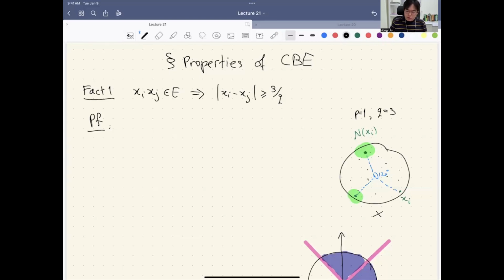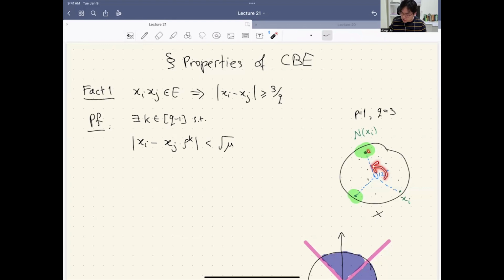Suppose xi, xj actually form an edge. That means by definition there exists some k such that xi minus rho^k xj is small. They are very close. One is close to a rotation of another, right? Certain rotation by definition. Now use the triangle inequality.